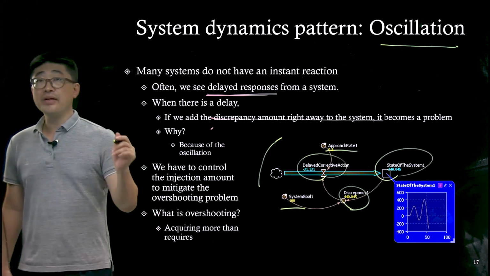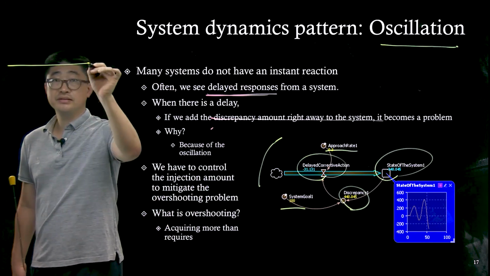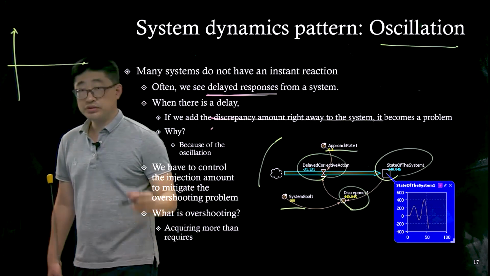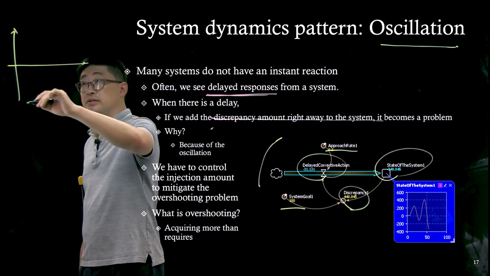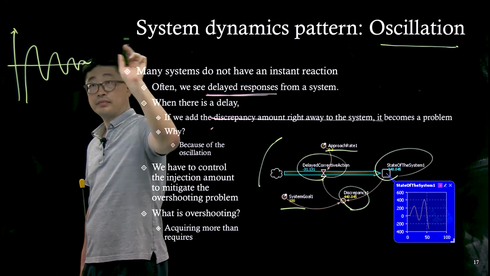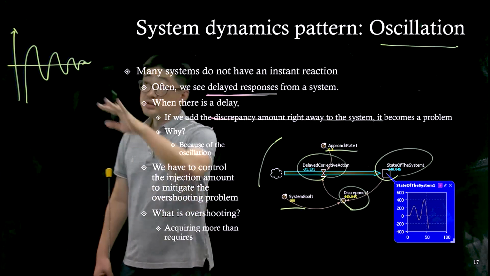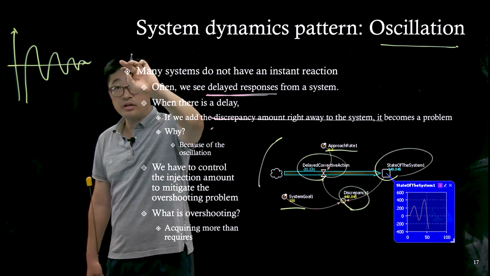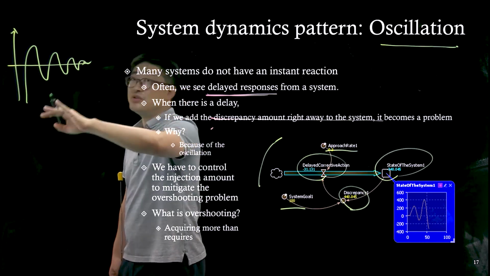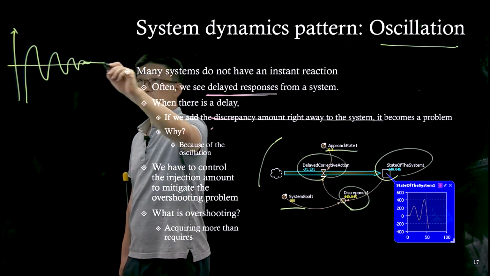However, it is not always the bullwhip effect. Sometimes it approaches the control level like this. Okay? So eventually it will converge. It is not saturating, but it will converge to a certain system goal.